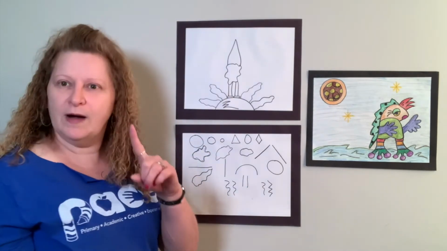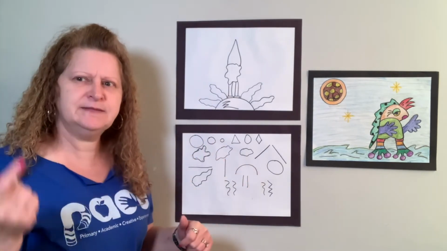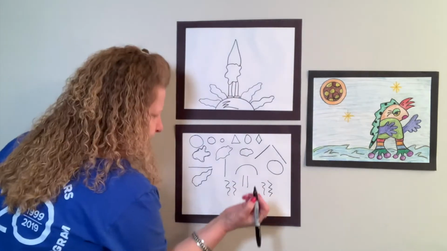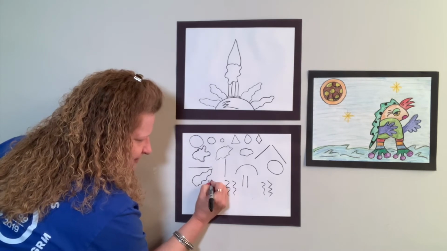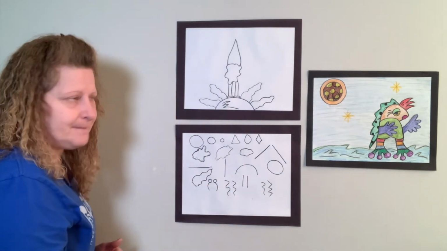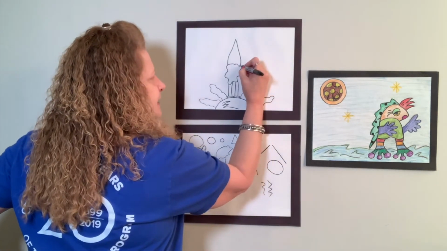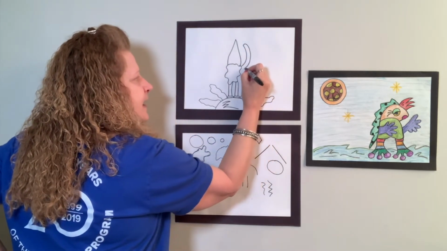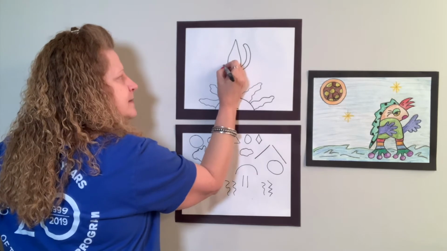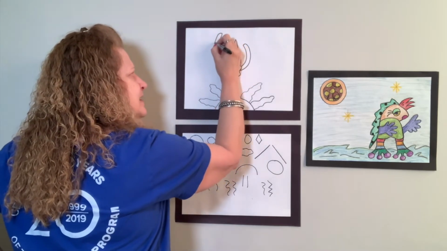You know what? I want to add something else. I want to add some antennas. Well, my antennas could be shaped something like this with a circle on the top. So here we go. I'm going to actually use a curved line. And there's one. And I'm going to make another bigger one here.